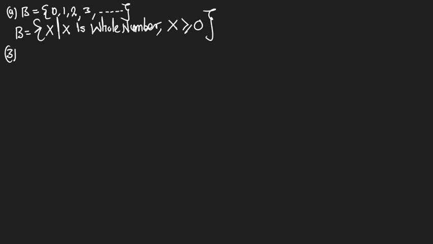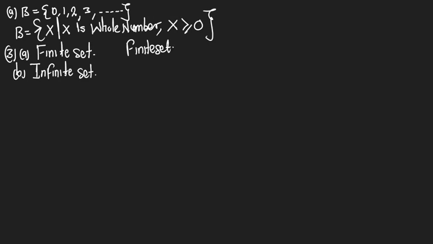3. There are two types of sets. The first set is called the finite set. The second type of set is called the infinite set. A finite set is a set which contains countable elements.